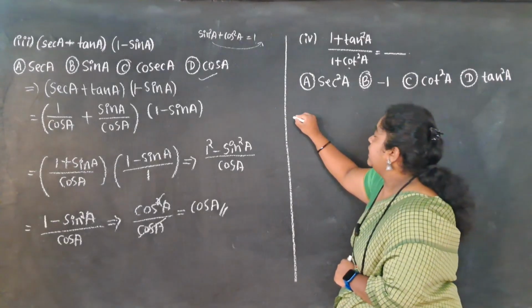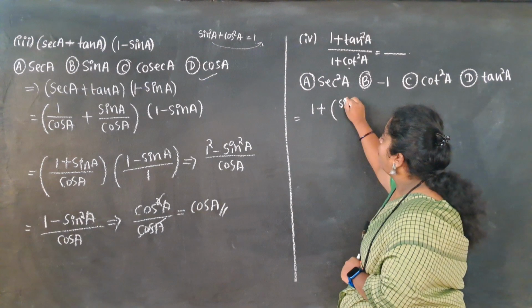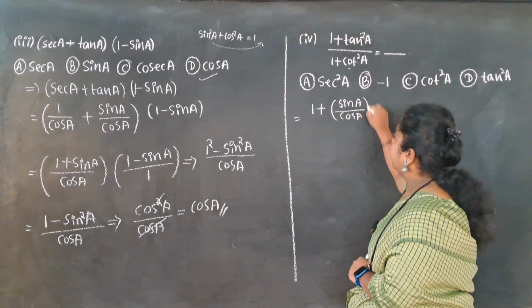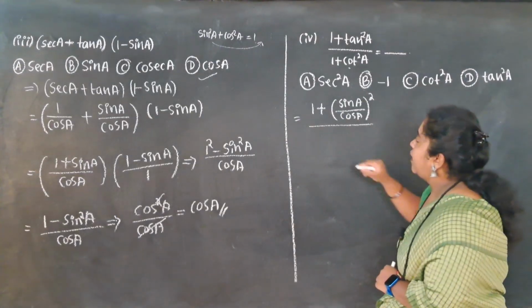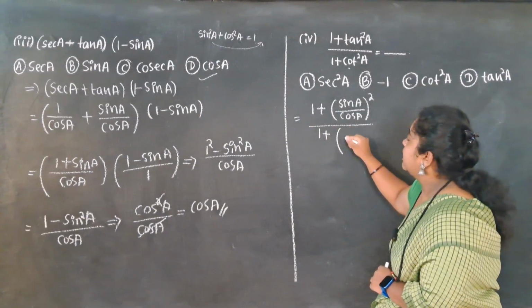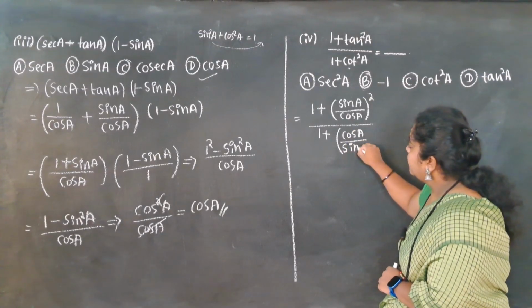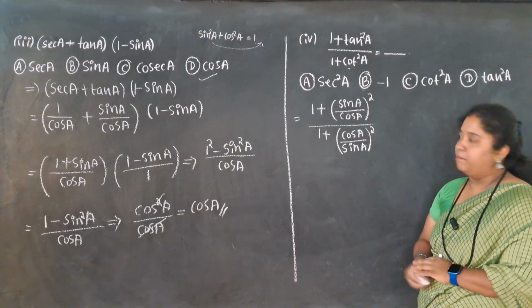So what I'll be writing here, dears? 1 plus, I'll be writing tan in the form of sine A divided by cos A the whole square. In the denominator part, 1 plus cot square A is there. Cot is nothing but cos A divided by sine A the whole square. This is how you need to simplify it.